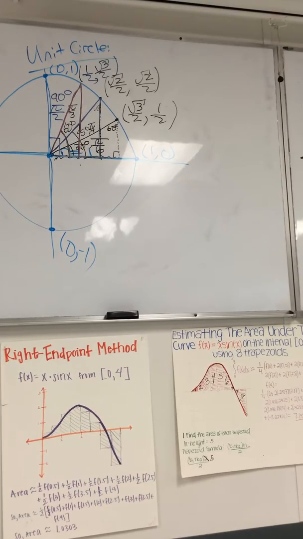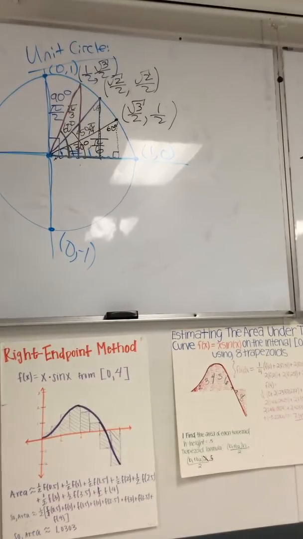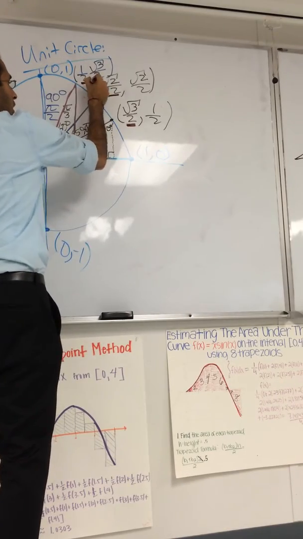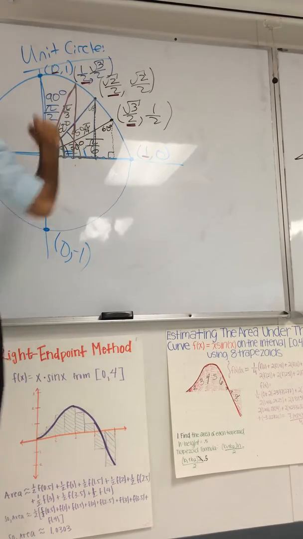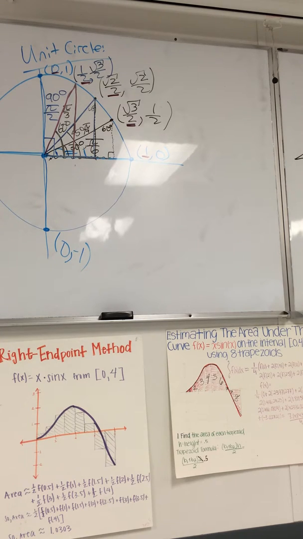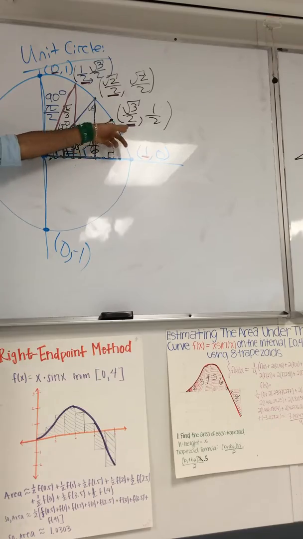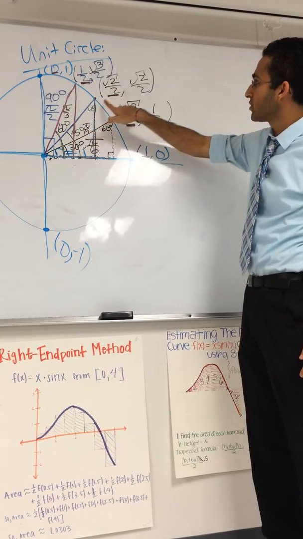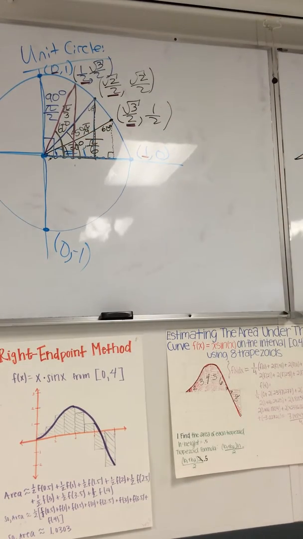And here comes the genius of the model. This is why it's so helpful. The x-coordinate is the cosine of the angle. So the cosine of 30 is root 3 over 2. The cosine of 45 degrees is root 2 over 2.